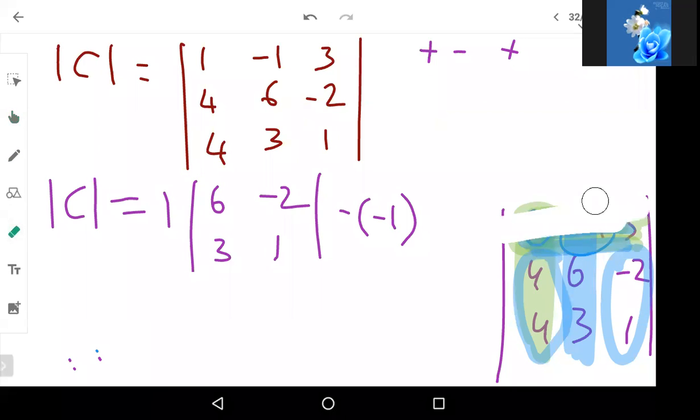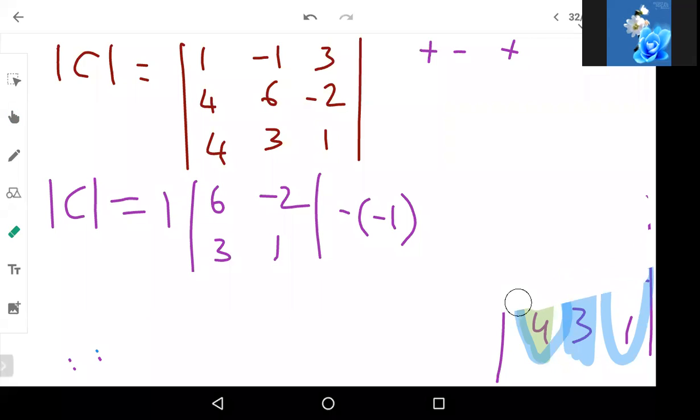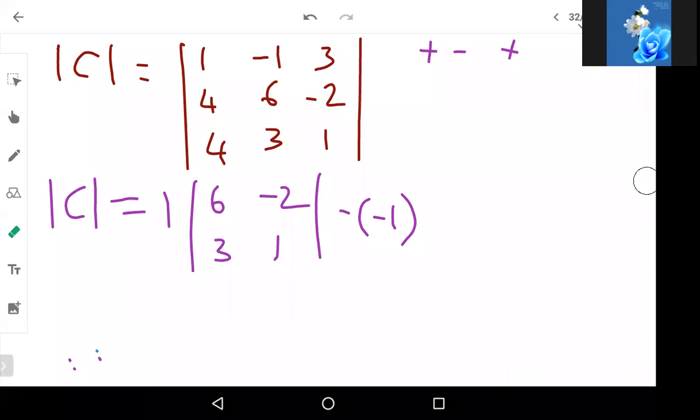So I will take minus of minus 1, and then we will consider the remaining numbers into 4, 4, minus 2, 1. Did you all understand? Okay. Now moving further. Good, very good.